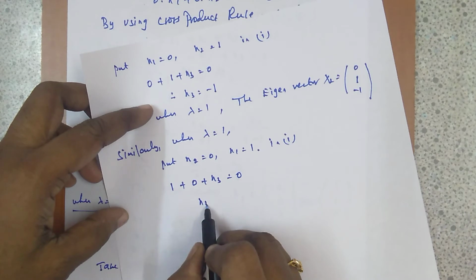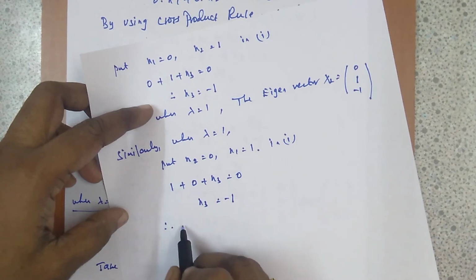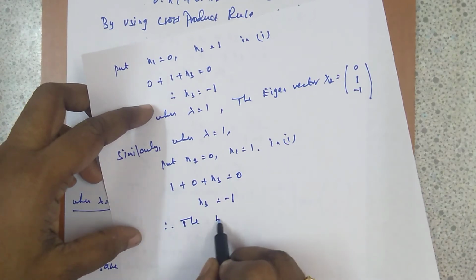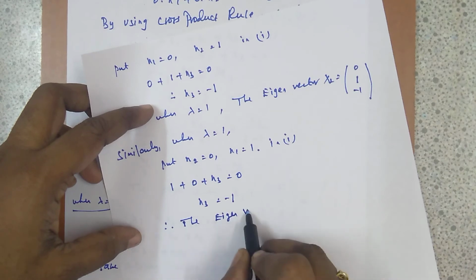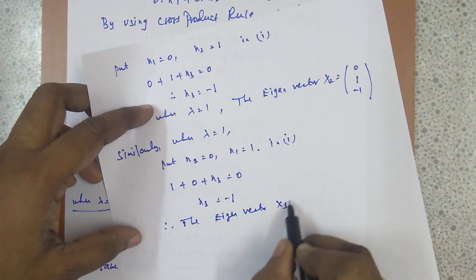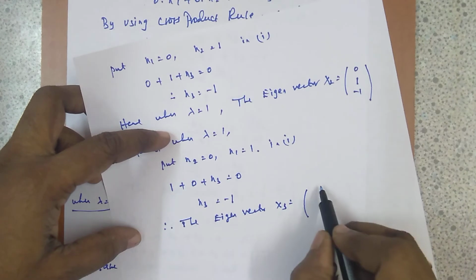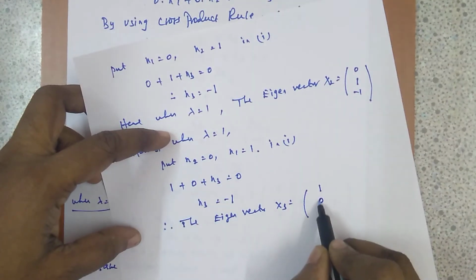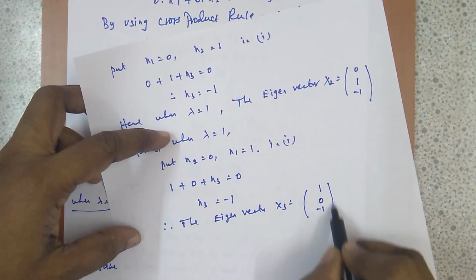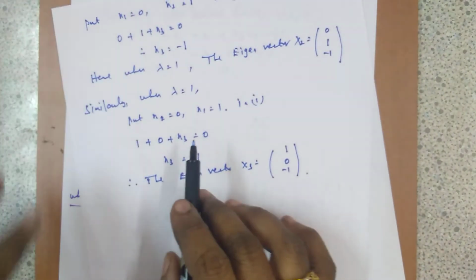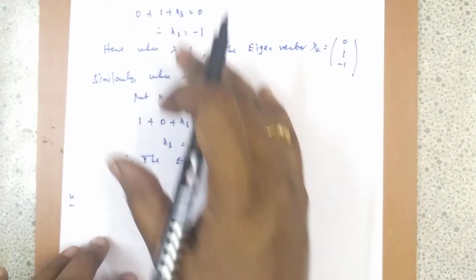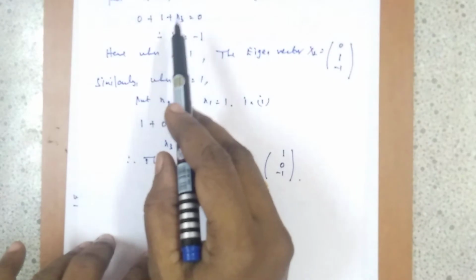So here we can get x3 is equal to minus 1. Therefore, the last eigenvector X3 equal to, what is our x1? x1 is 1, x2 we have taken 0 and x3 is minus 1. So these are the case when equal eigenvalues comes, we have to give arbitrary values.